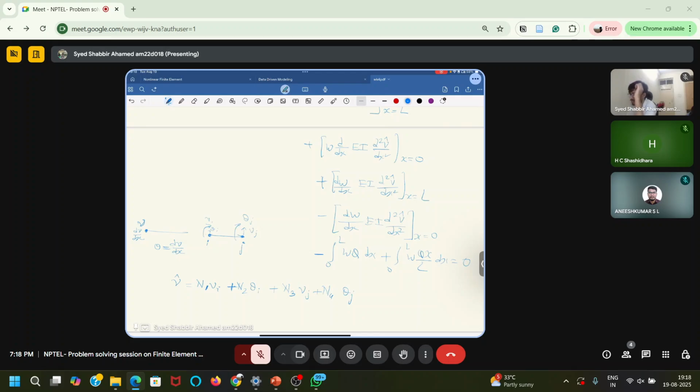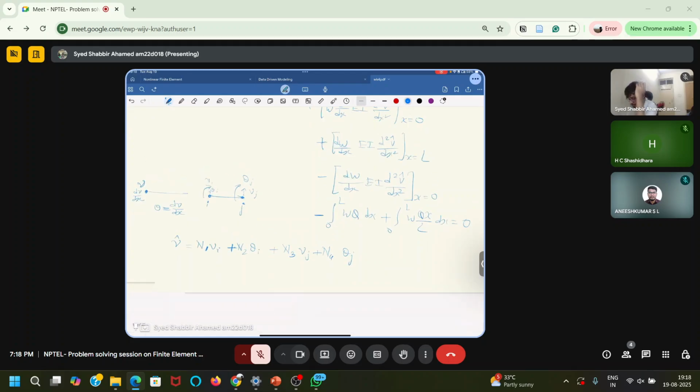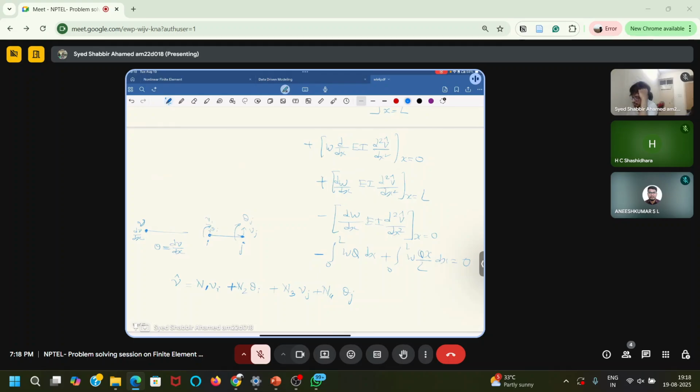So for two nodes, if I want to fit a curve with these four conditions, knowing the slope and the deflection at two nodes of the beam, you will obviously get a cubic polynomial. So that's why we can use cubic Hermitian interpolation.